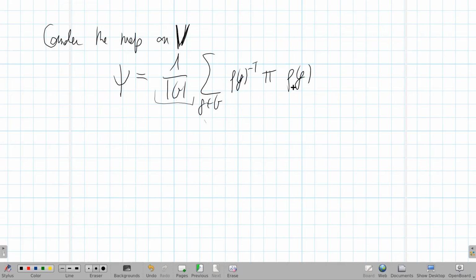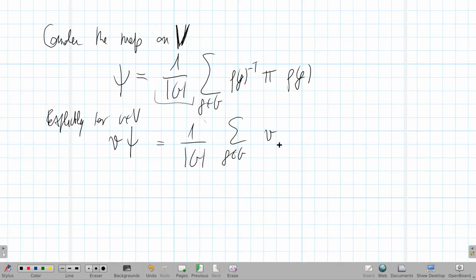So what does this map do explicitly? If you apply psi to an element v of V, you have this constant in front. And then what you do, you apply first rho G inverse, then you apply pi, and then you apply rho G. Okay?